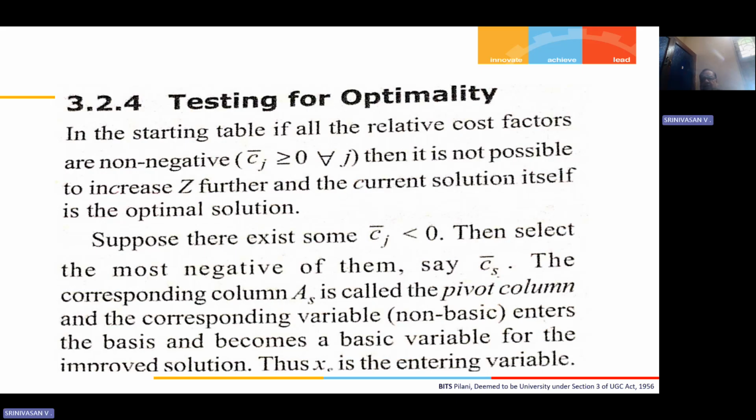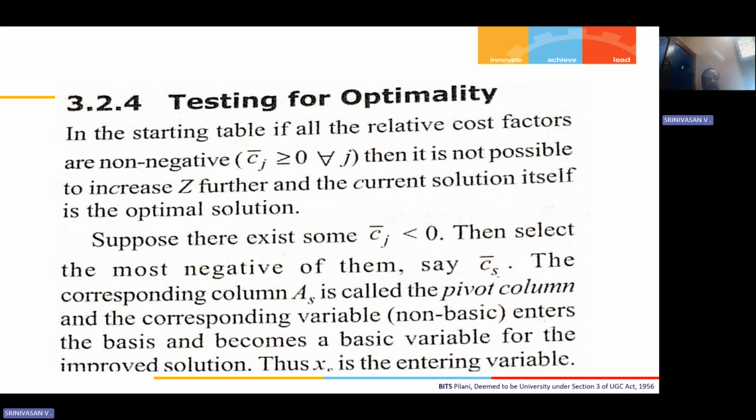Suppose there exist some Cj bar. Maybe Z1 minus C1, that is C1 bar, or Z2 minus C2; some of them may be zero, some may be positive. If there is at least one Cj bar less than zero for some j, then select the most negative of them, say Cs bar. If there is only one, you take only that. That column corresponding to that particular negative Cj bar is called the pivot column.